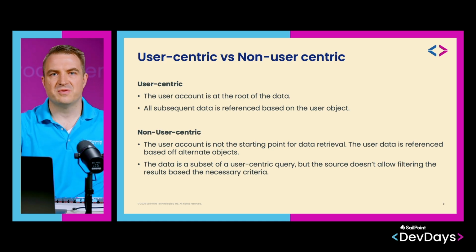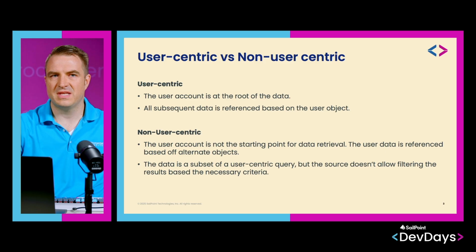In a non-user-centric system, another field, such as a folder or group, is going to be the entry point to getting the user data, and then from there, each of those folders or groups may have the users on them. So that's what we mean by non-user-centric, is that at the center of the calls is going to be something other than the specific user.